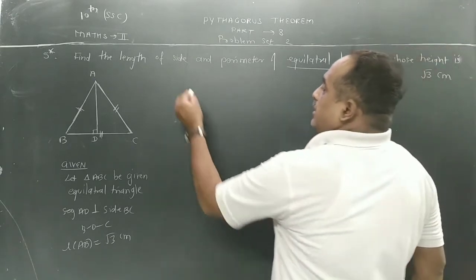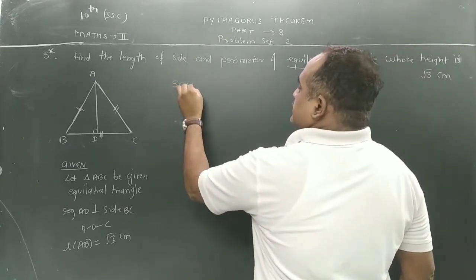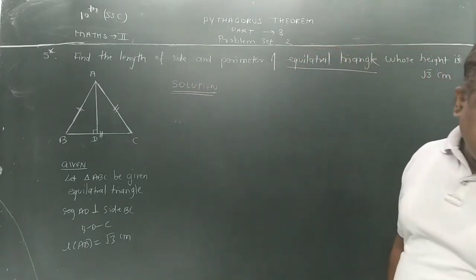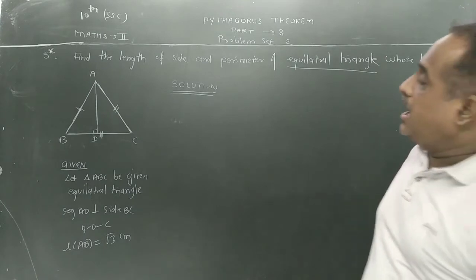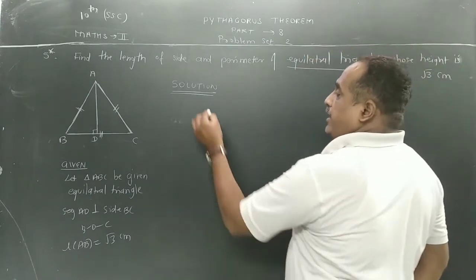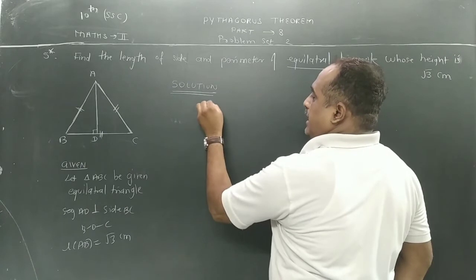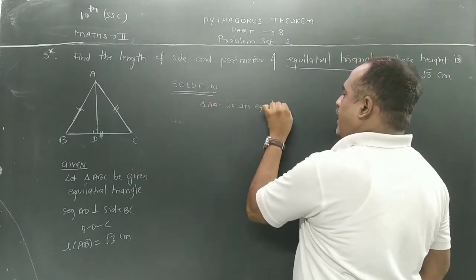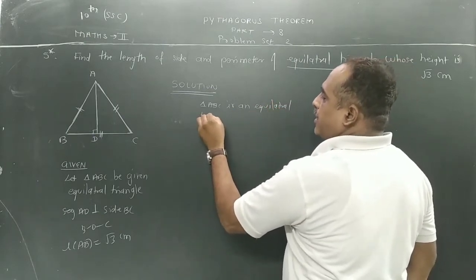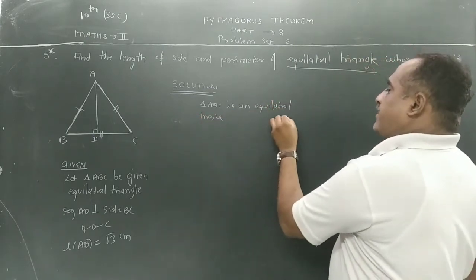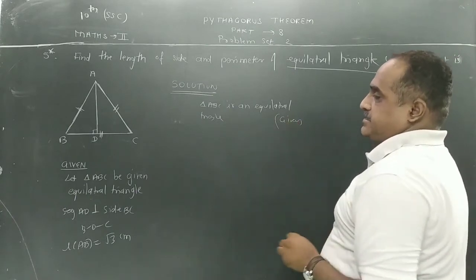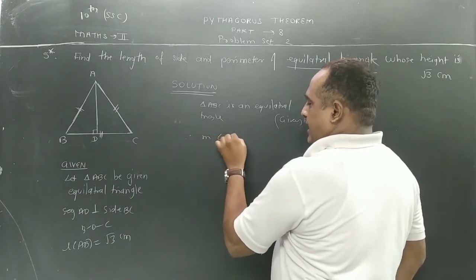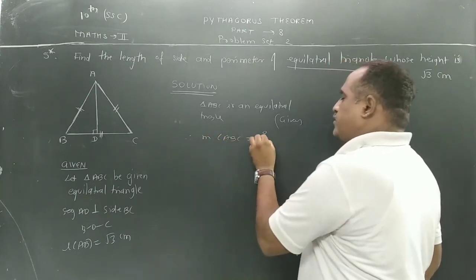So, solution. How can you do it? This triangle ABC is an equilateral triangle. It is given. Is it right? Then, therefore, measure of angle ABC is equal to 60 degree.